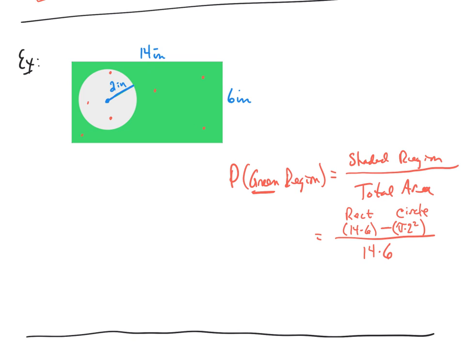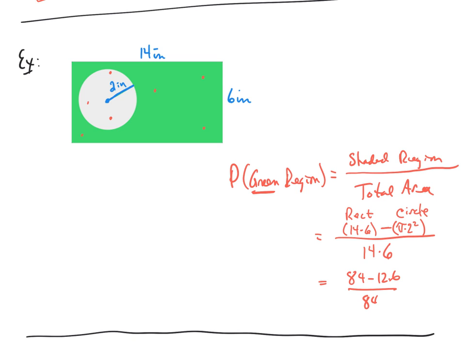All right, and that's just simply all we have to do is this arithmetic. So 14 times 6 is 84. Pi times 2 squared is 12.6. Again, 14 times 6 is 84.